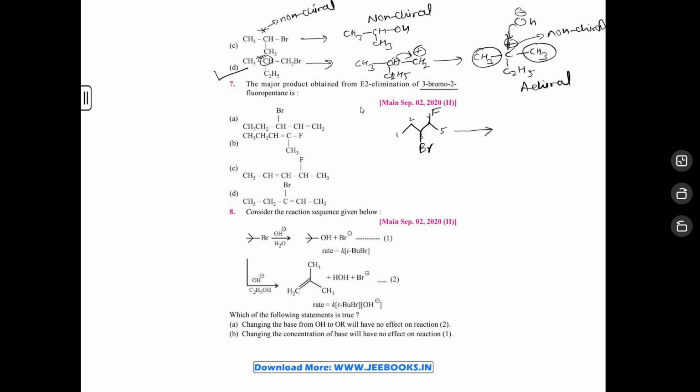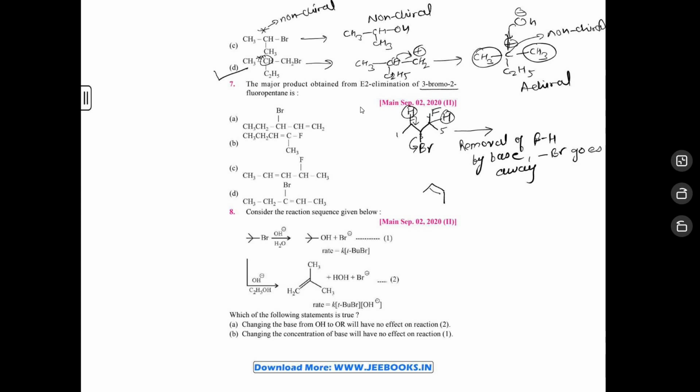Now it is very interesting here, because E2 elimination involves removal of a beta hydrogen by a base, and simultaneously the halide goes away. Now if you see, we have this beta hydrogen and another beta hydrogen, so we have two beta hydrogens. If you remove this beta hydrogen, then a double bond will come. If you remove this one, then a double bond will come.